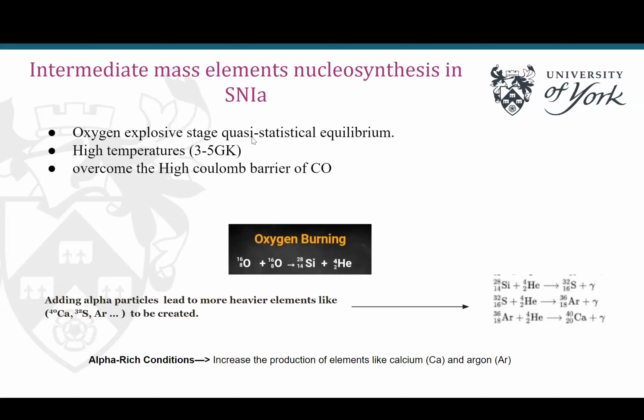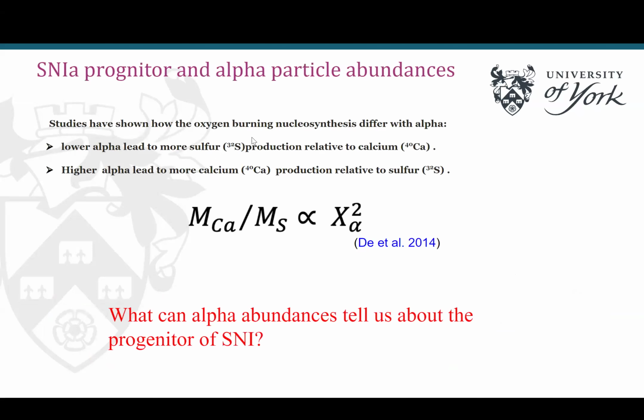And capturing alpha particles will allow us to create heavier intermediate elements such as argon and calcium. So if the environment has many alpha particles, we will have more heavier elements such as calcium.